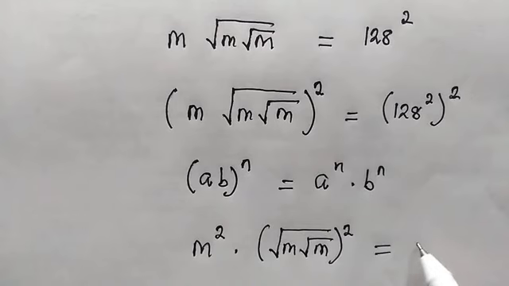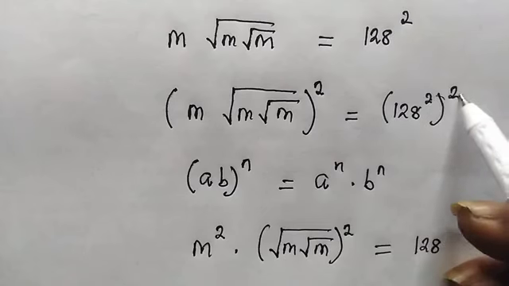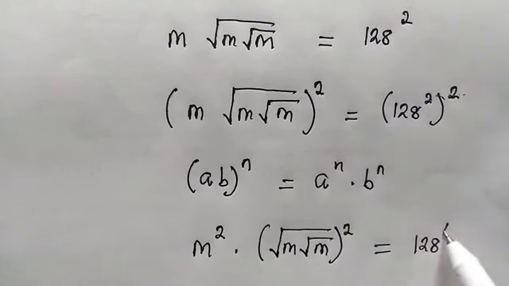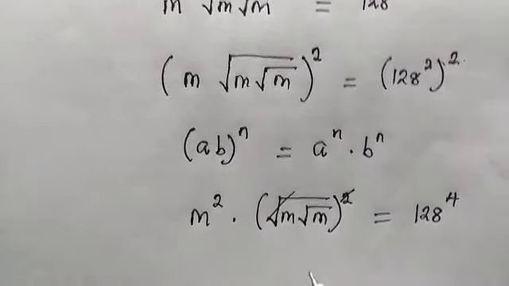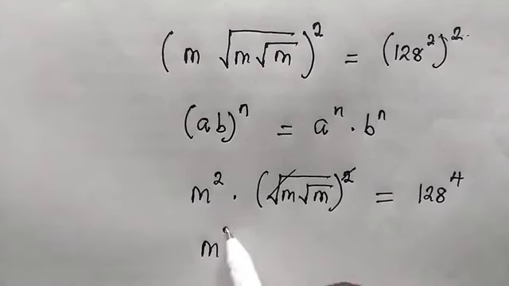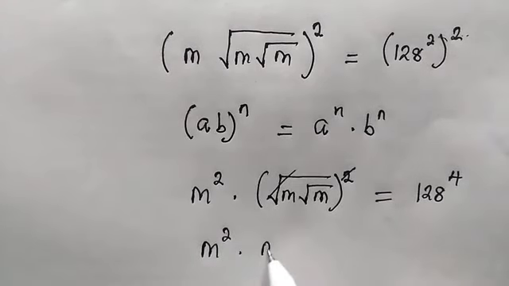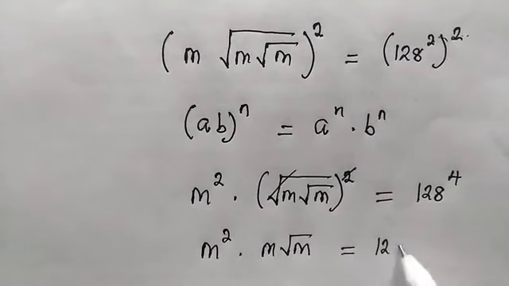This is equal to 128 raised to the power of the product of these 2 and 2, which is 4, right? So here, this gets cancelled with this. Then we have m squared multiplied by m root of m, which is equal to 128 raised to the power of 4.